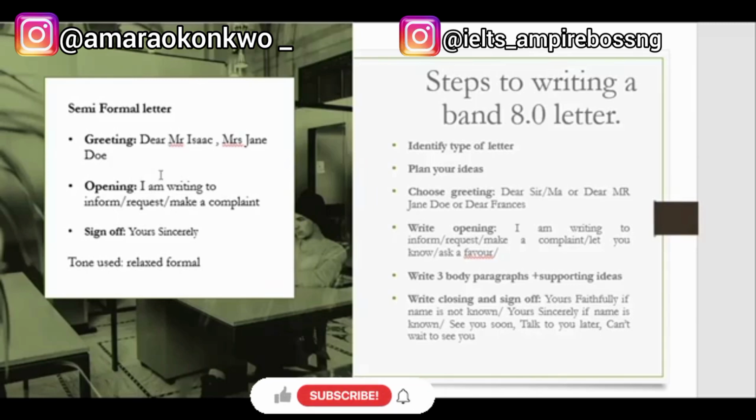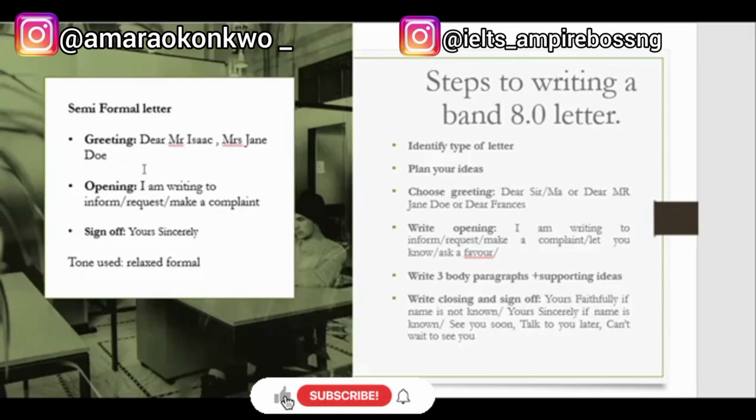I received your letter with excitement when you told me you were inviting me to partner with you on this new project. Just something like that. Then before you go on to say, okay, I'm writing to let you know that I'll be interested in teaming up with you. So that's just an exception if it's a friend that you're writing to concerning an official matter.